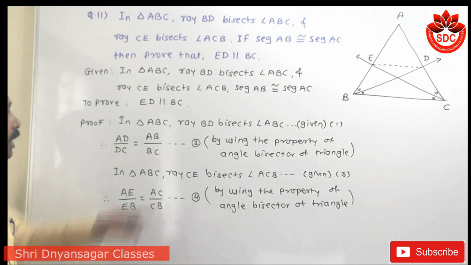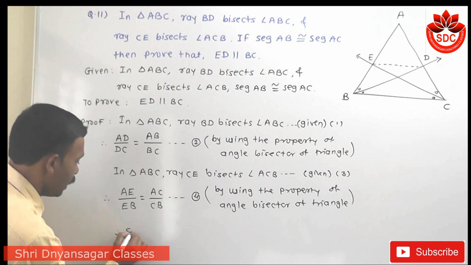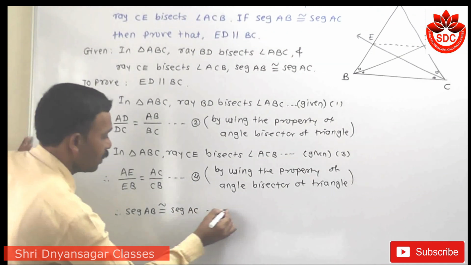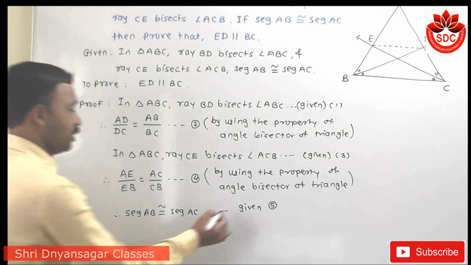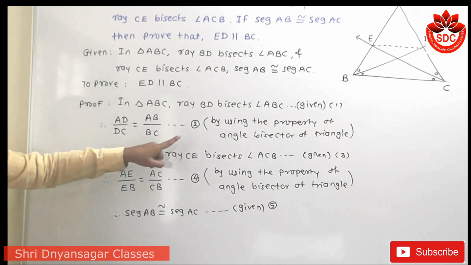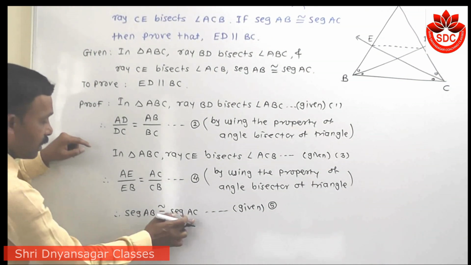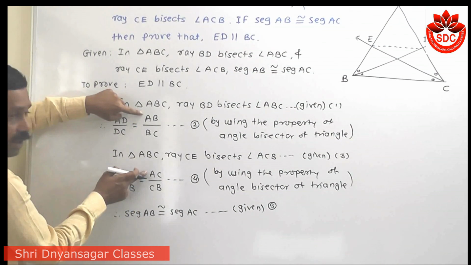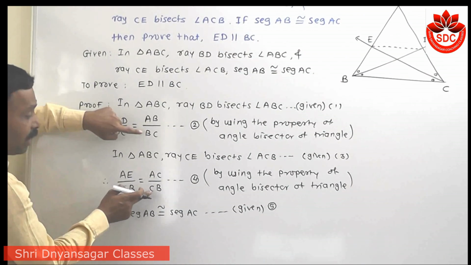Now student, in your given, segment AB is equal to segment AC, meaning that segment AB is congruent with segment AC. This is our given. Suppose that this is point number 5. Student, we observe from the points second, fourth and fifth. AB is congruent with AC. Look to this side: AB and AC are congruent, and their denominator is BC, which is like CB, so the denominator is the same.